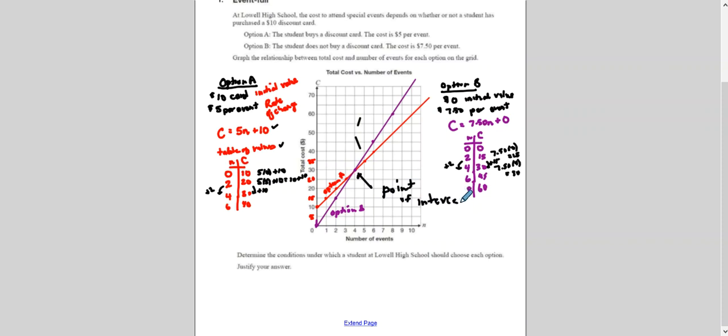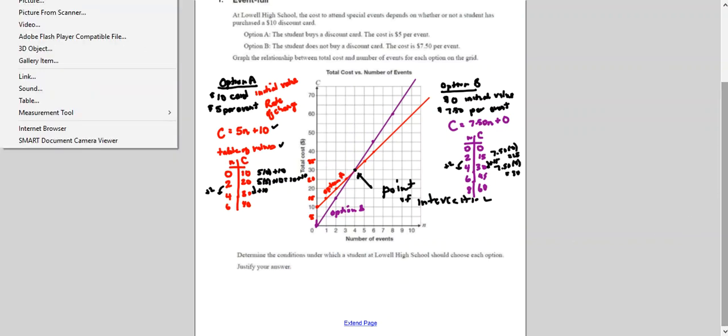So my point of intersection means it's where you go to the same number of events and the cost for both options are the same. Okay. So that's kind of cool, and I'll sum that up on the next slide. All right. So there's actually two types of answers here.